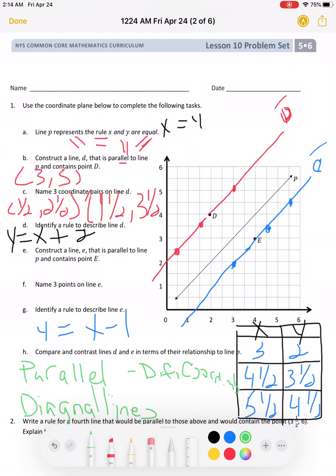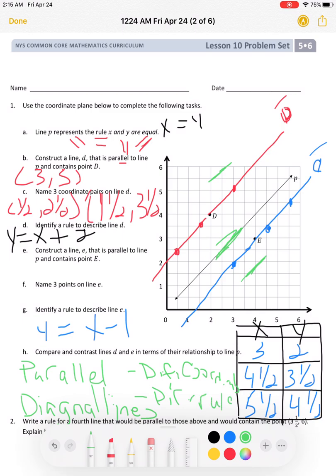Different coordinates. And I tried to shorten different, DIF period. It's an abbreviation. And then, what about the rule? Because remember, line P had a rule of x equals y. They were the same. Same points all over. And then here we had a different rule for line E and a different rule for line D. So here I'll put different rule.